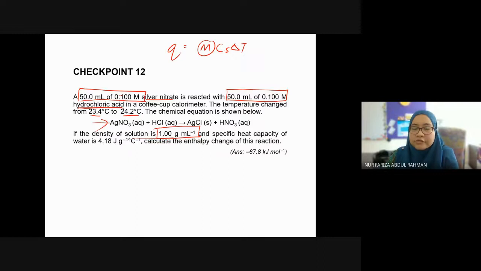Okay, alright. So you cannot just simply assume 1 gram is equal to 1 mL. Not unless they have given it here. Oh, 1 gram per mL. So we can translate this: 1 mL is equal to 1 gram. But it has to be given. You cannot just assume mL into gram like that without making a disclaimer.